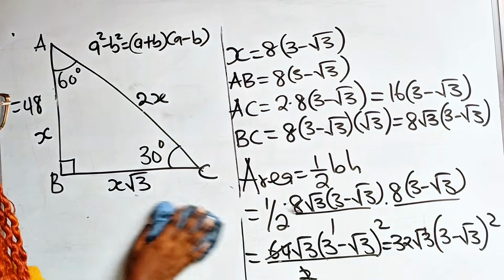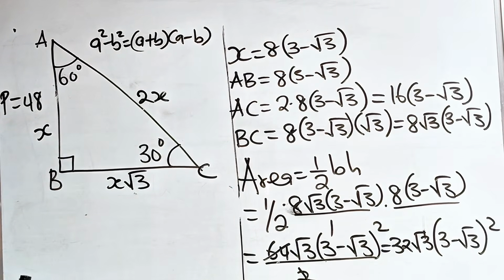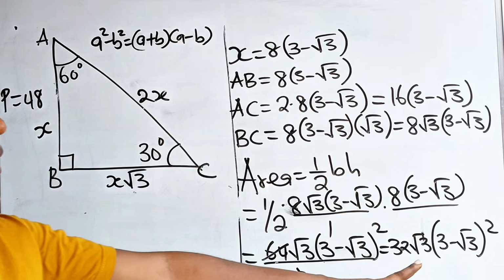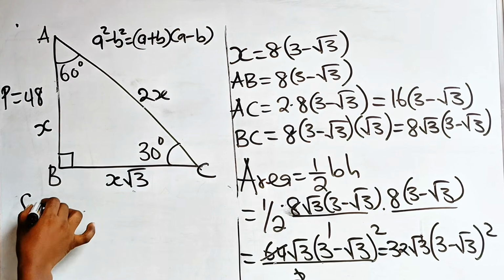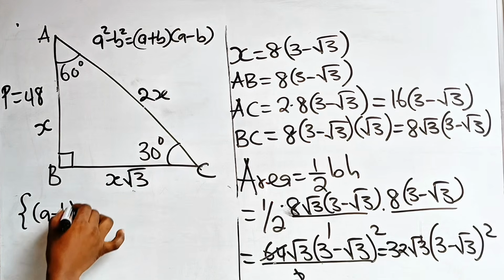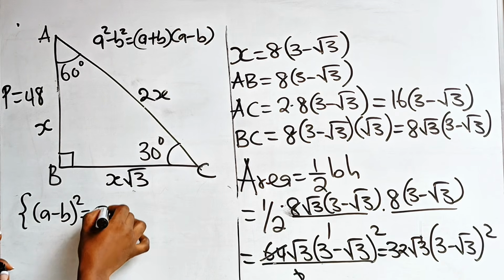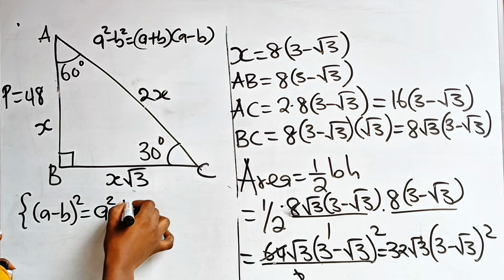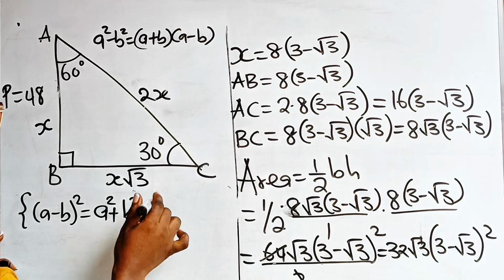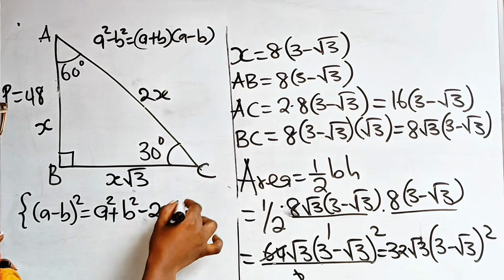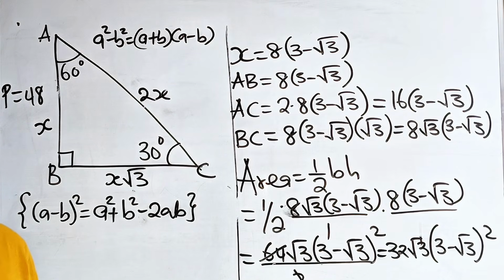Now, at this point, remember that a minus b squared is an identity. A minus b all squared is equal to a squared plus b squared minus 2ab.